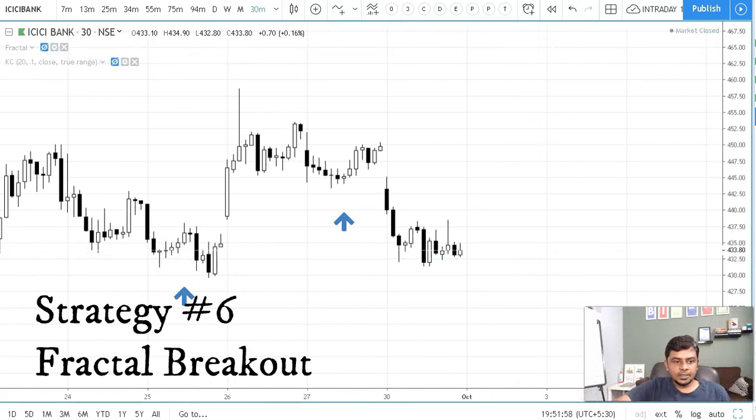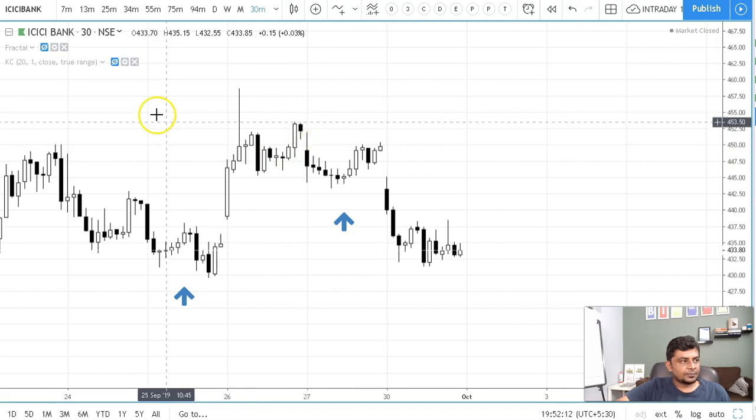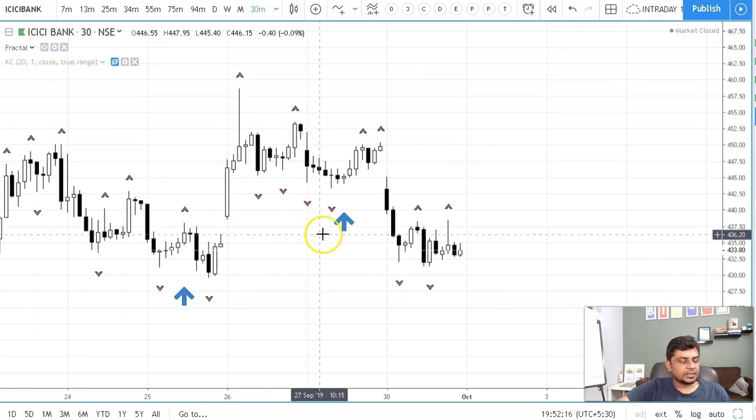Okay, now here let's see the concept of fractals. See, what a fractal means is a place where the price is calm and it reverses. So this is something called a fractal, and this is a fractal. And there is an indicator which you can readily use to identify these areas.